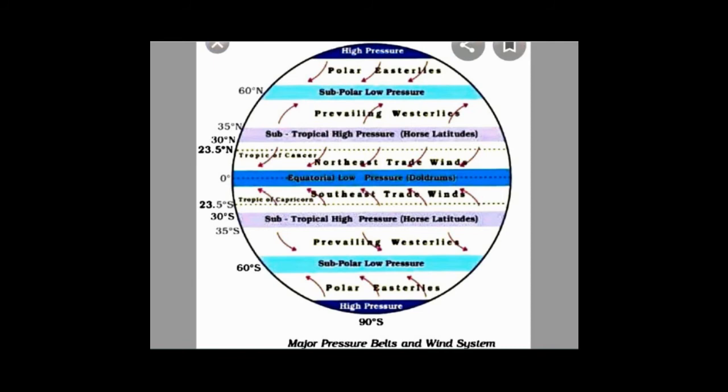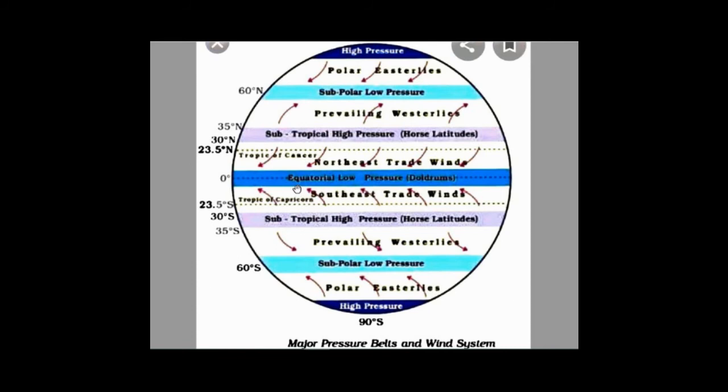Now the next belts are the subtropical high pressure belts. These belts extend from near the tropics to about 35 degrees north and south.